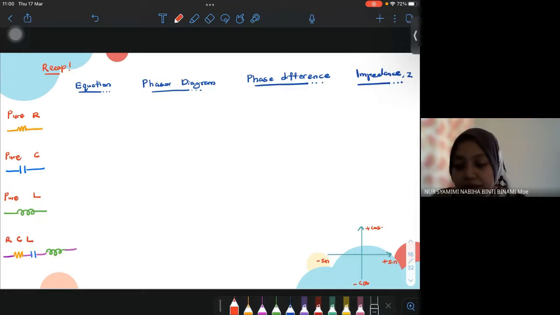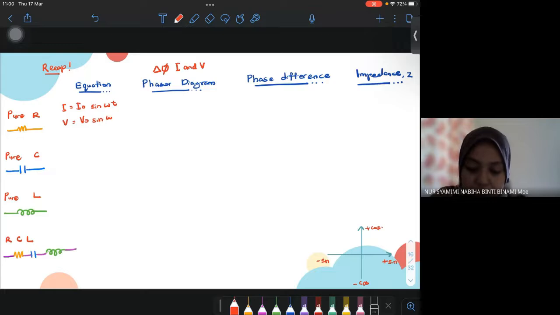Sebab apakah fungsi phasor diagram? Phasor diagram fungsinya untuk cari the phase difference between I and V. So akan ada equation I dan akan ada equation V. For the pure resistor, I is equals to I naught sin omega t and V is equals to V naught sin omega t.